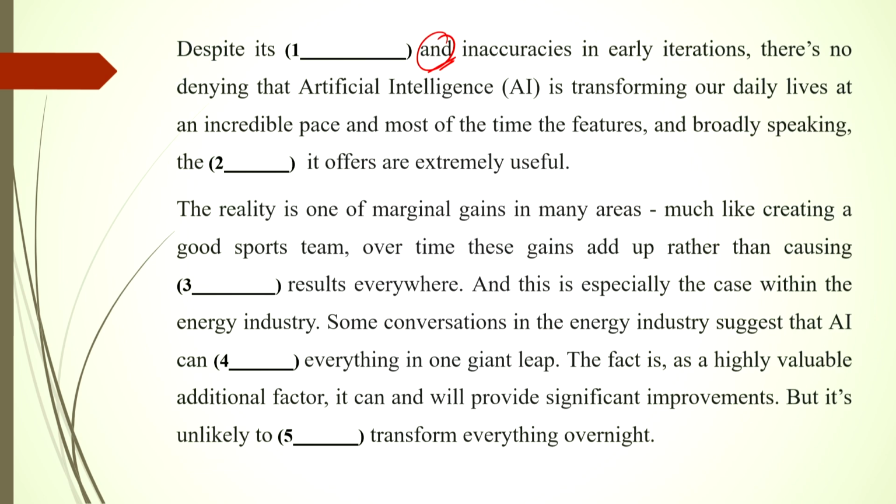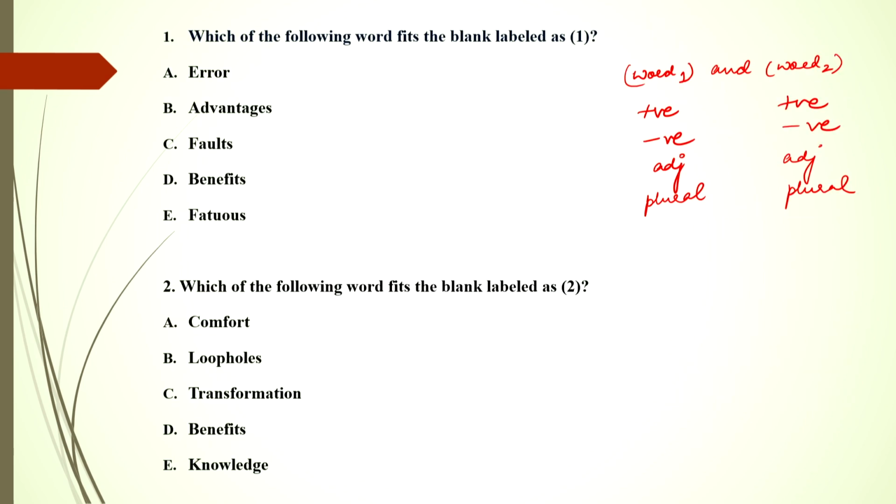So now coming back to the question, as you can see, inaccuracies is plural and a negative word. Hence the word which would fit in blank 1 would also be plural and a negative word. So now let us analyze our options.